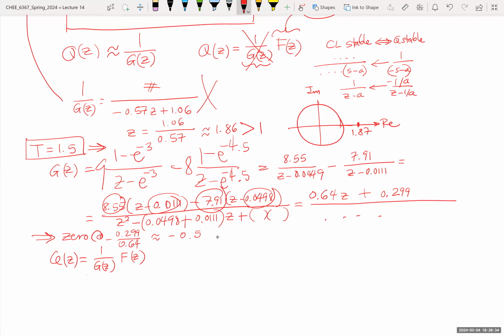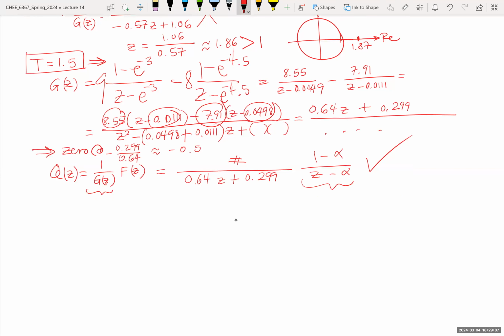Which means now if I take 1 over g of z, I can have my transfer function to be this, which I have from the denominator from up here, divided by 0.64 z plus 0.299, 1 minus alpha, z minus alpha, and this will give me my controller Q, and this I can live with, and I can now choose the values of alpha so I can have the corresponding closed loop response that I want.